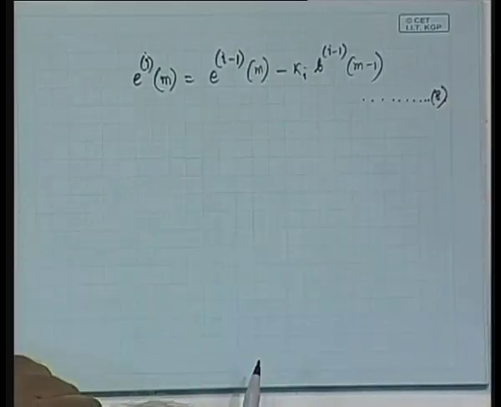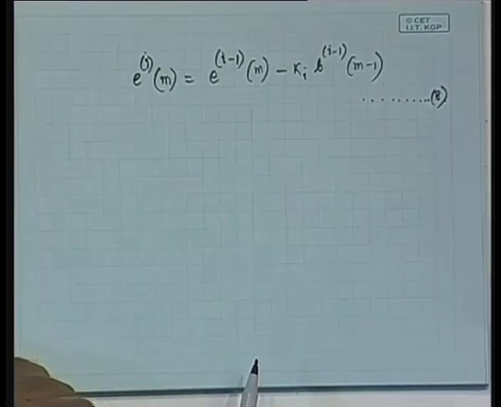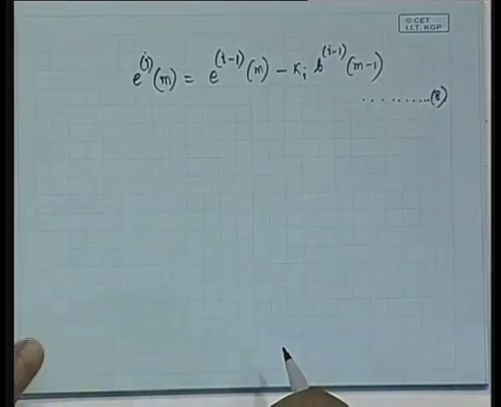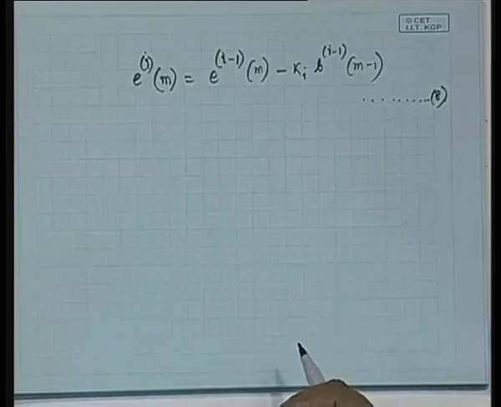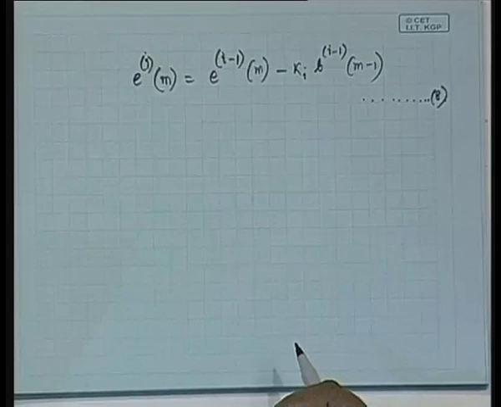We get this by just simple mathematical jugglery, nothing great about it, but a very interesting fact that emerges is that the ith forward prediction error is expressed in terms of the I minus 1th forward prediction error and the I minus 1th backward prediction error.